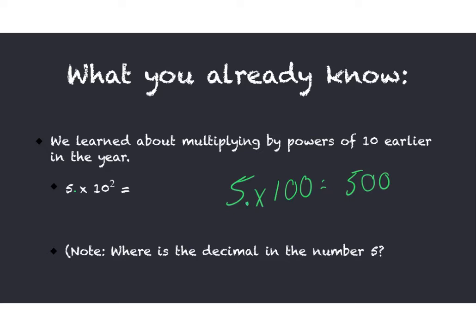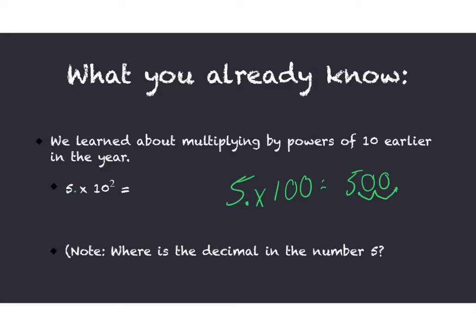So the decimal would be right here, 5 times 100, and then our answer, 500, our decimal is going to be here. So keep that in mind. Think about how when we multiplied 5 times 100, our decimal place moved over 2 place values. That may not make sense right now, but I think it'll make sense in just a moment.